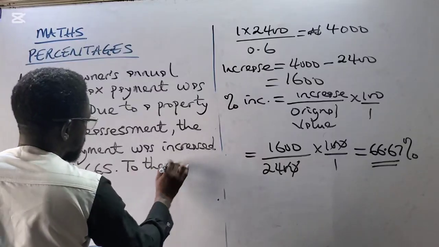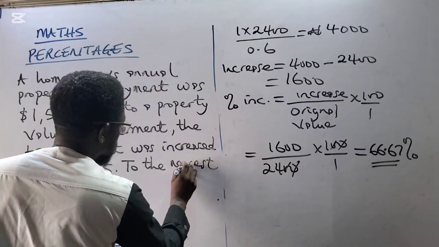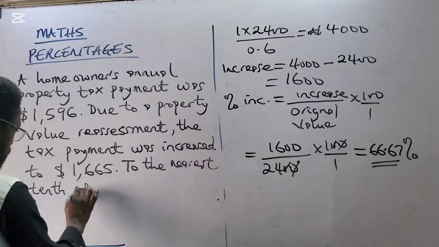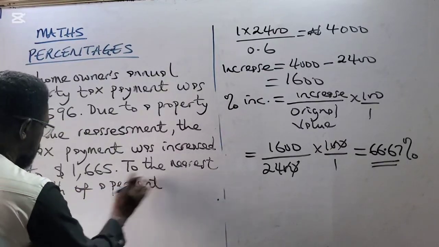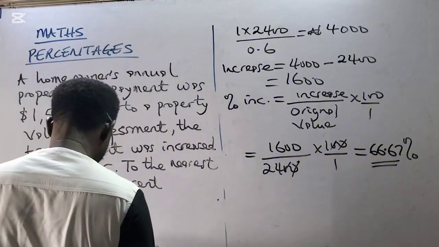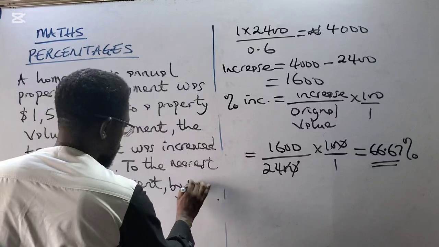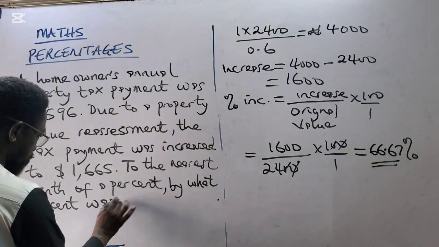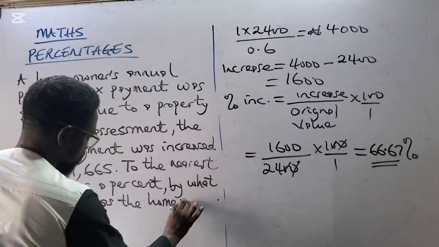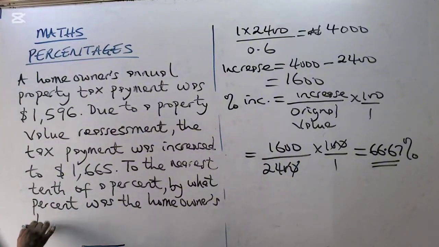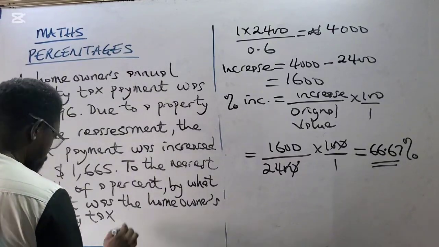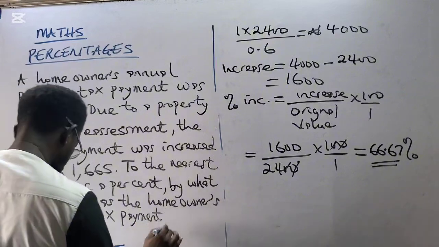To the nearest tenth of a percent, by what percent was the homeowner's property tax payments increased?